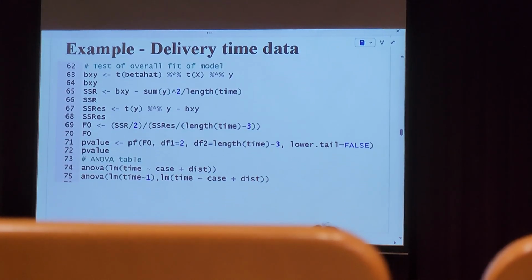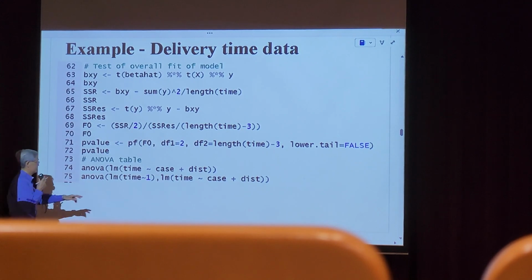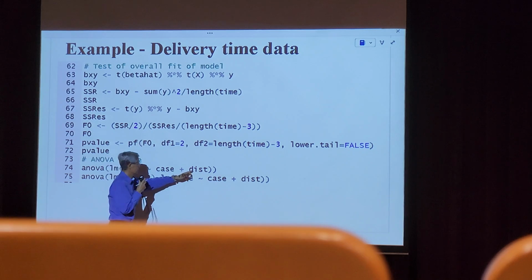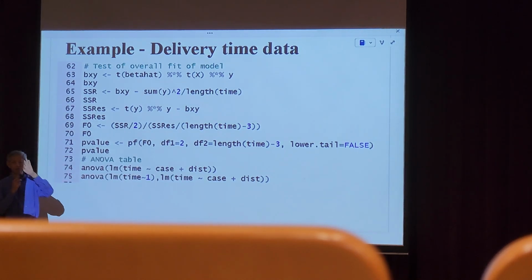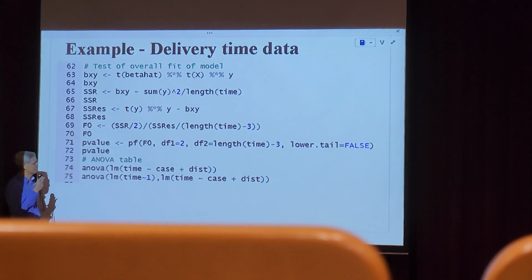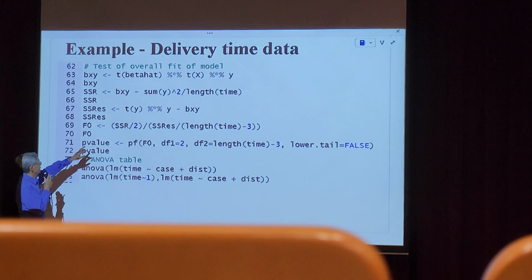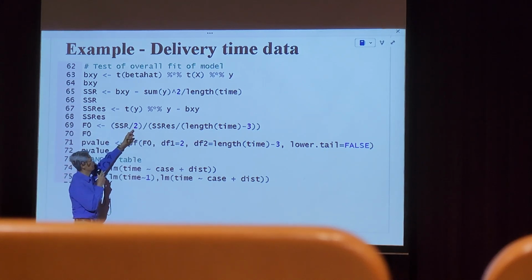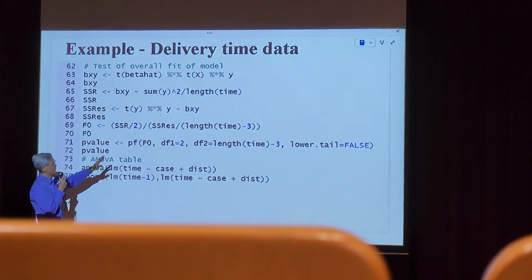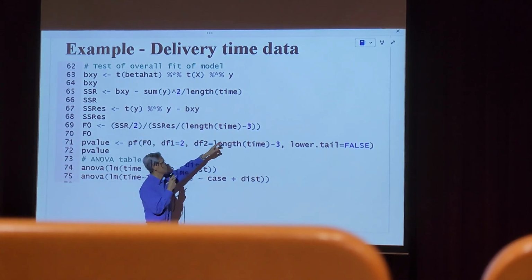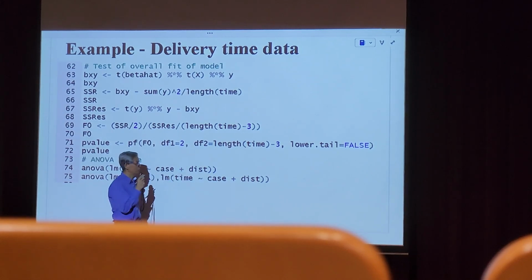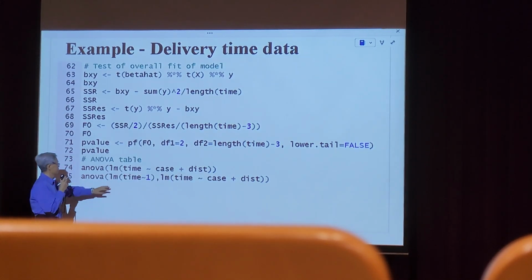F naught is SSR divided by 2, because there are 2 regressor variables, case and distance. How many regression coefficients are there? 3, including beta naught. So that's why the degrees of freedom is 2, and the degrees of freedom for the sum of squares residue is n minus 3, as there are 3 regression coefficients.